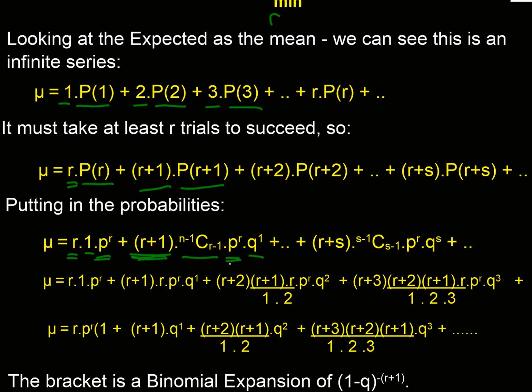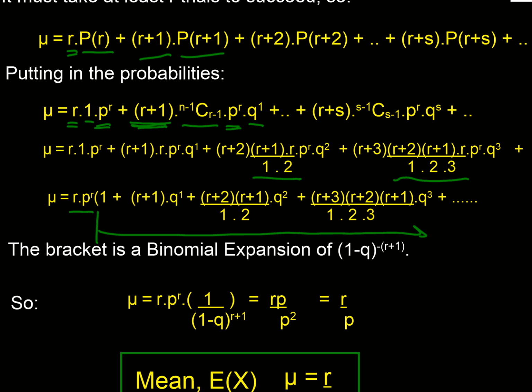If I just replace these n choose r's with these little simplifications here, you probably know those, then you can see that I could put into a bracket out front as factors r and p to the power r, and now I've got this series in here, which is actually a binomial expansion of 1 minus q to the power negative r plus 1.